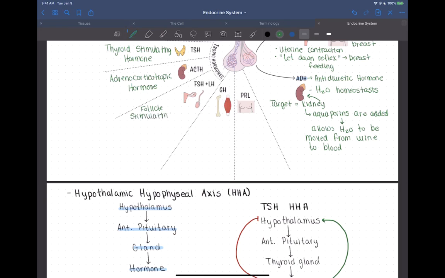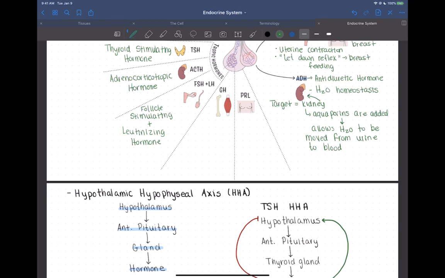And then also LH is luteinizing hormone, and that is also going to act on the ovaries and the testes. Okay, so those are the names of the hormones. Let's talk about that hypothalamic hypophyseal axis and how it works.